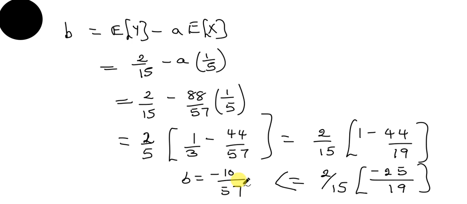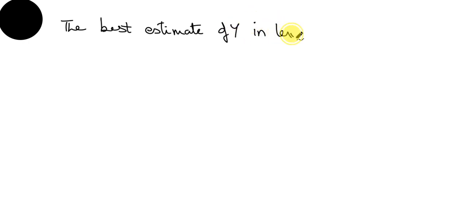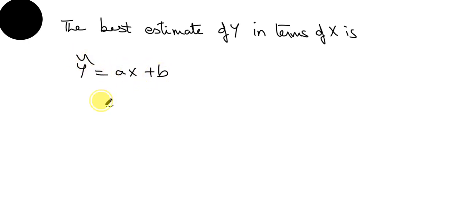So using this I can find the best estimate for y. Therefore, the best estimate of y in terms of x is given by y tilde equal to ax plus b.